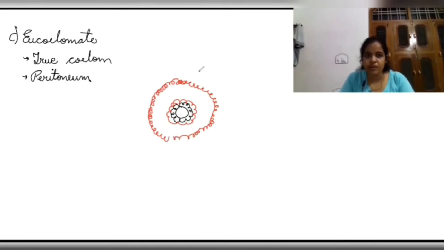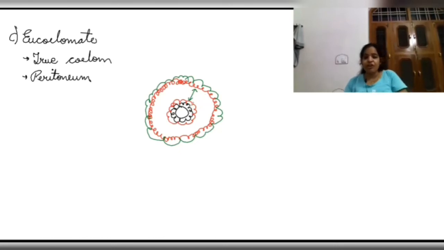This is mesoderm, and the mesoderm will be surrounded by the ectoderm. Right? So you can see that this cavity is actually lined by the mesoderm on both the sides, hence it is known as true cavity.